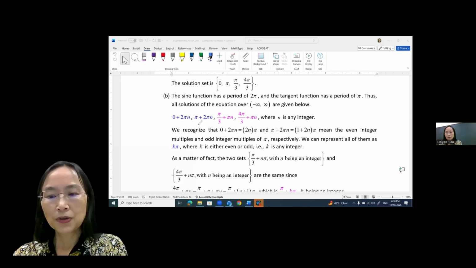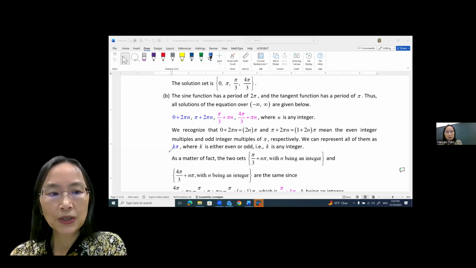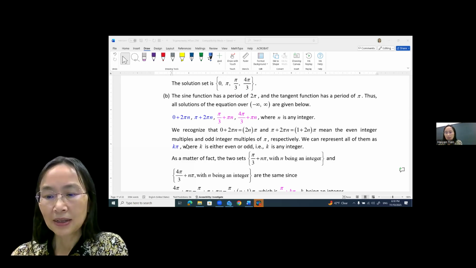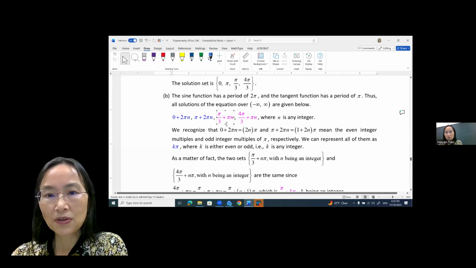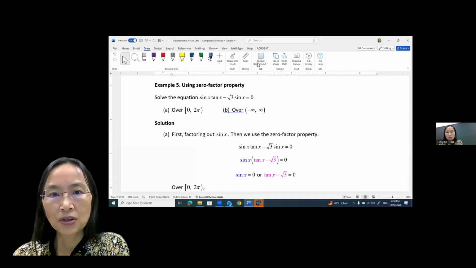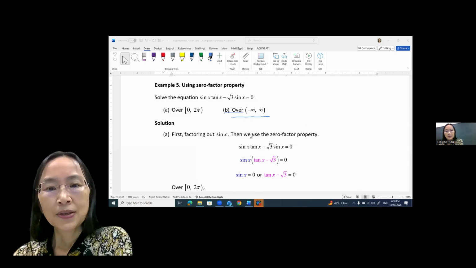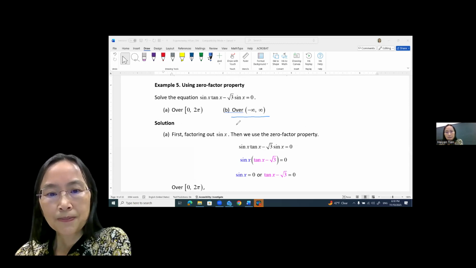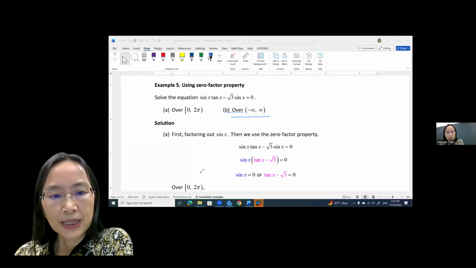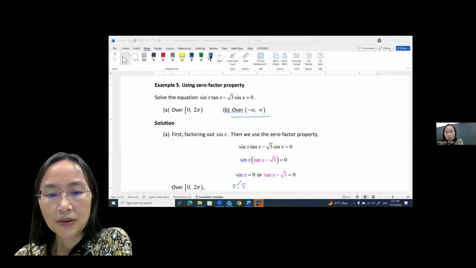Now, suppose we want to solve the equation to find all solutions over this interval. Recall that we have 0 and pi for this to be 0.